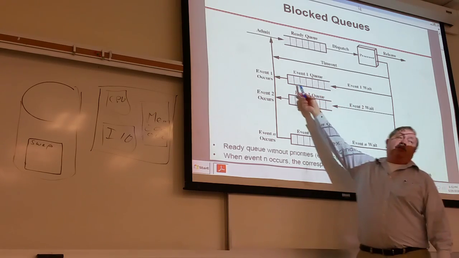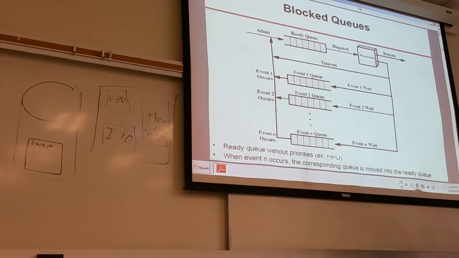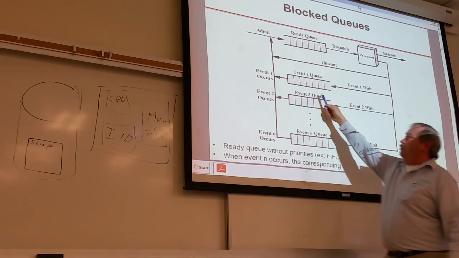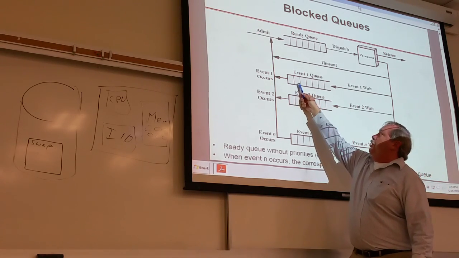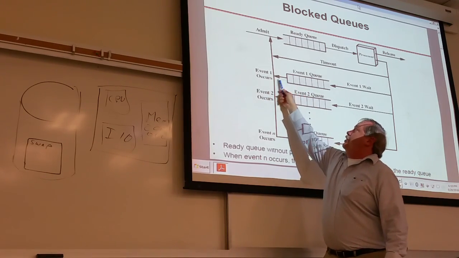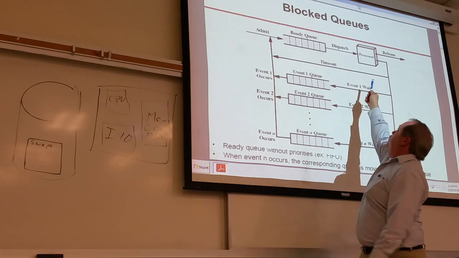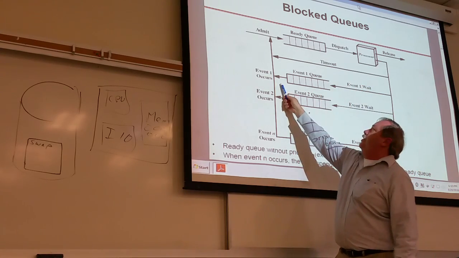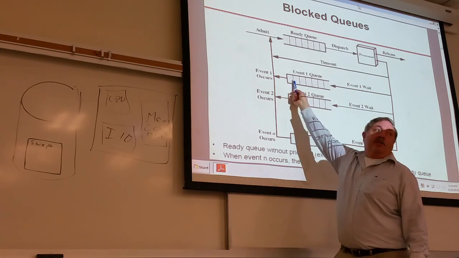There may be some other processes that are doing reads, writes, opens, closes, whatever. And what's going to happen is the I/O device is going to do its operations first, and we'll talk about that later when we get to the I/O subsystem. But when they're done, they're going to raise that event up so that the process that's currently running can say, ah, this event is now mapped with the process ID that's in this queue here.